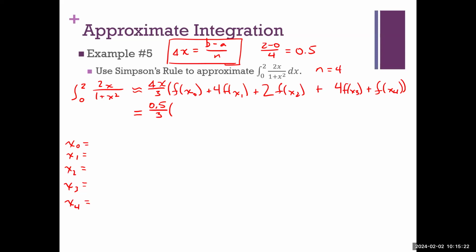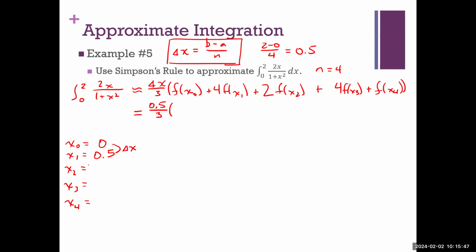All right. I want 5 sample points. What are they? 0. What's the next one? I want the x values right now. Oh, 0.5. Right. So is it a coincidence that these two things are exactly a delta x apart?